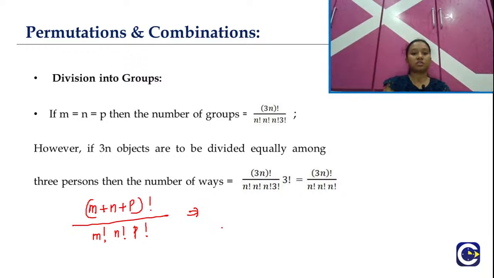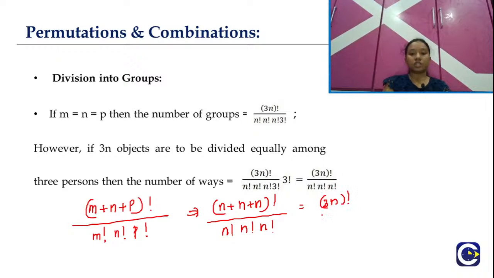That is n plus n plus n factorial divided by n factorial n factorial n factorial, which is equal to 3n factorial divided by n factorial n factorial n factorial. In our previous case it was into 2 factorial, so now it will be into 3 factorial in the denominator.